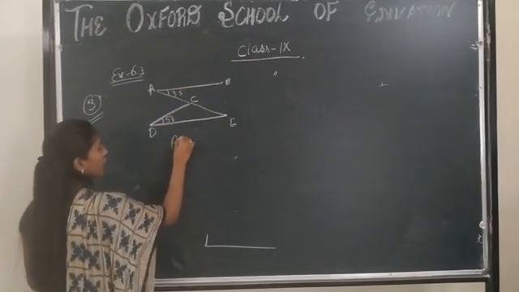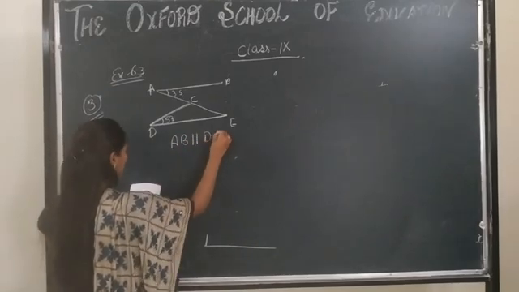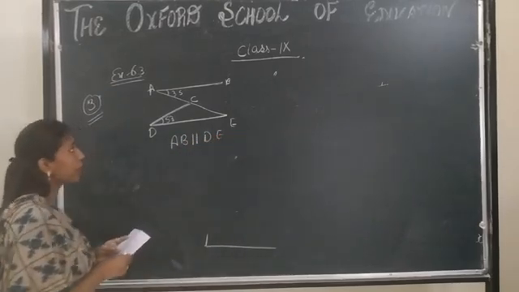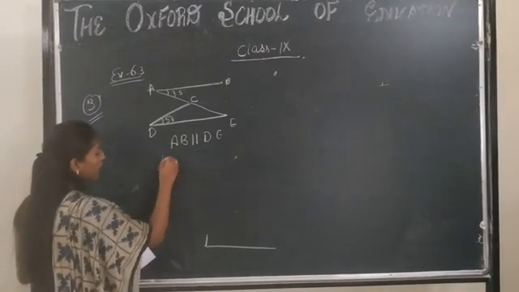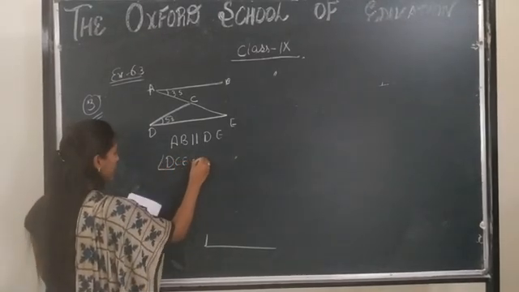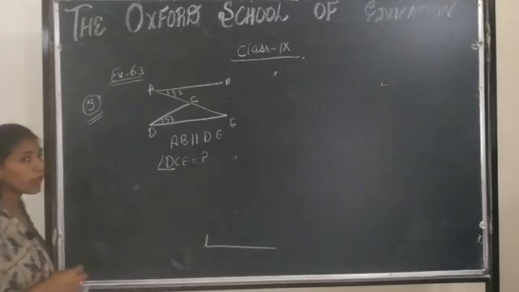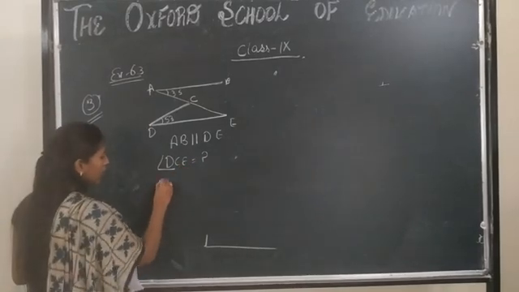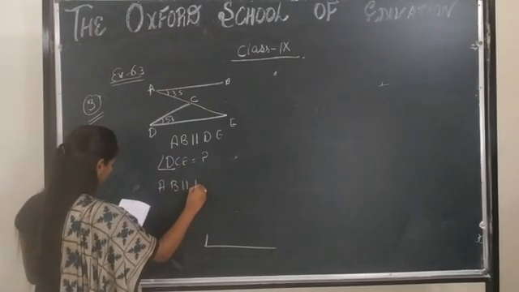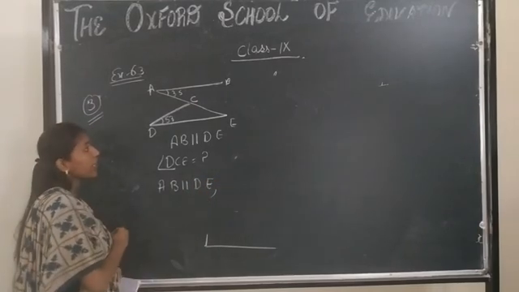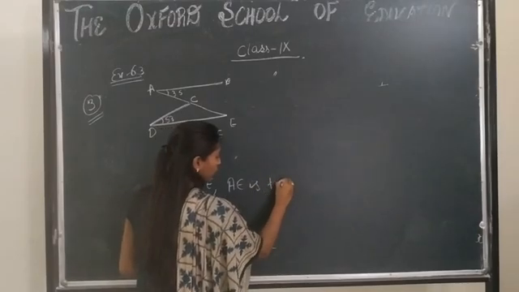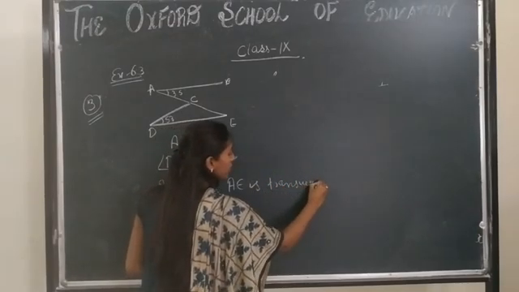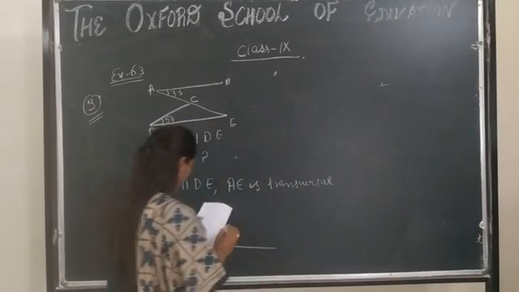So we are given AB parallel to DE and two angles BAC and CDE. We have to find out the angle DCE. So how will we solve the question? We are given AB parallel to DE, and you can see AE is a transversal line. So we can use the result of parallel lines.